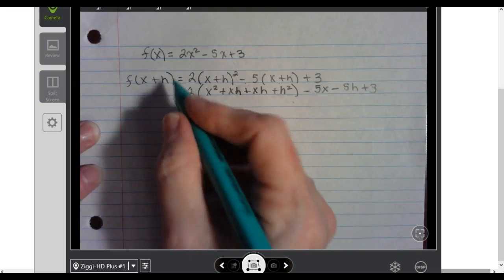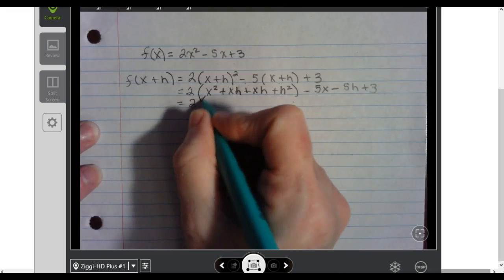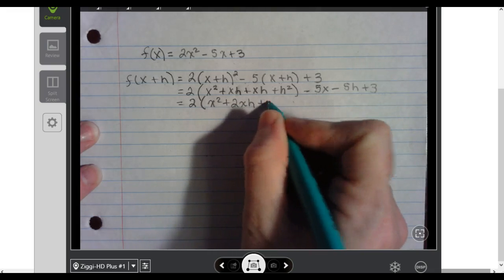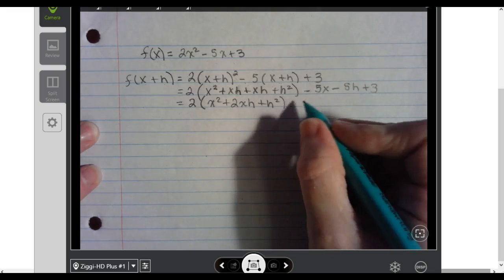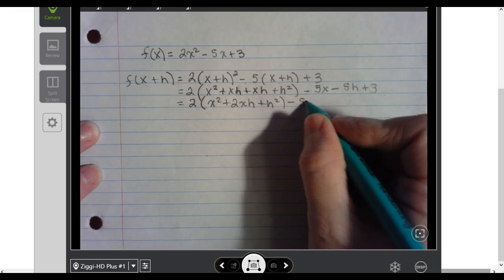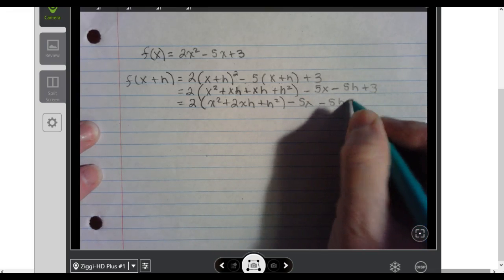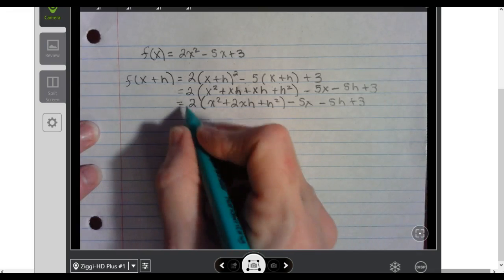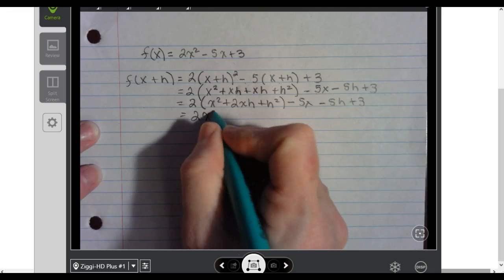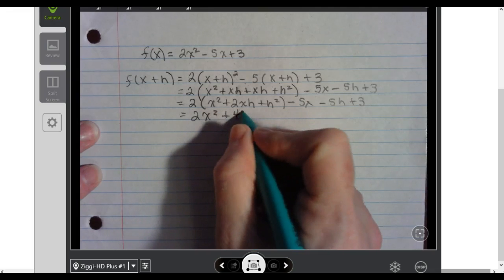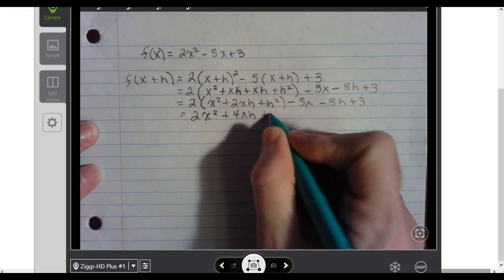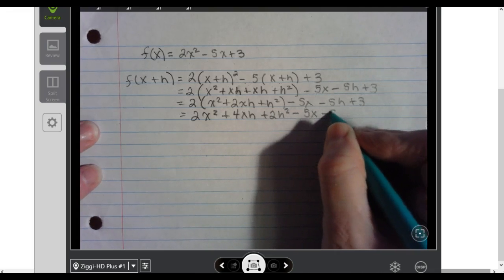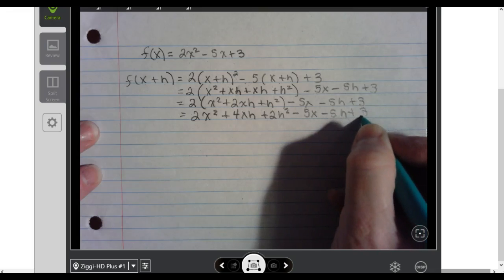And let's simplify this. 2x squared plus 2xh plus h squared, and minus 5x minus 5h plus 3, and then distribute the 2 into all of this. 2x squared plus 4xh plus 2h squared minus 5x minus 5h plus 3.